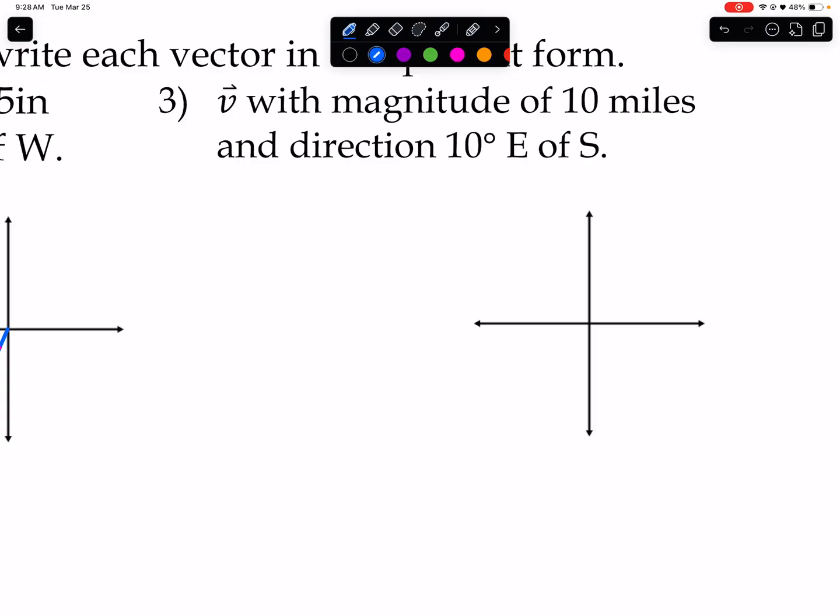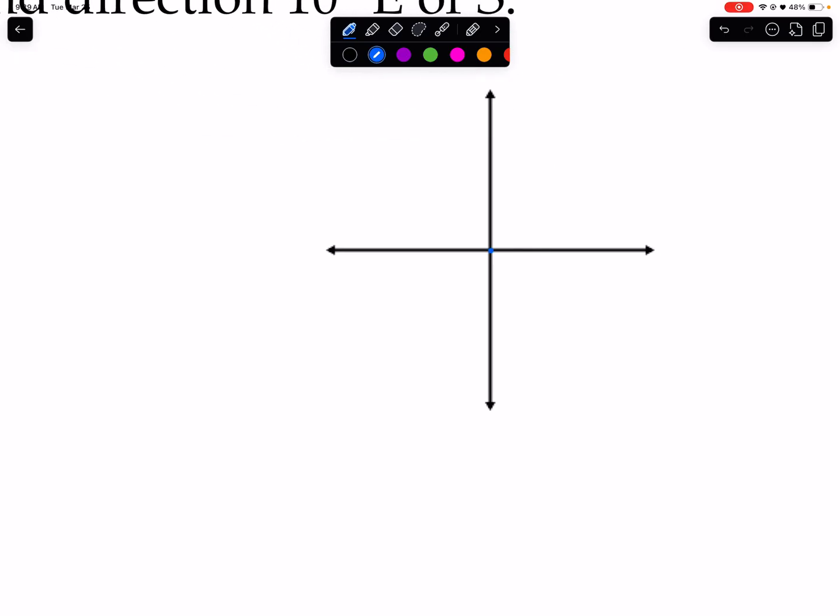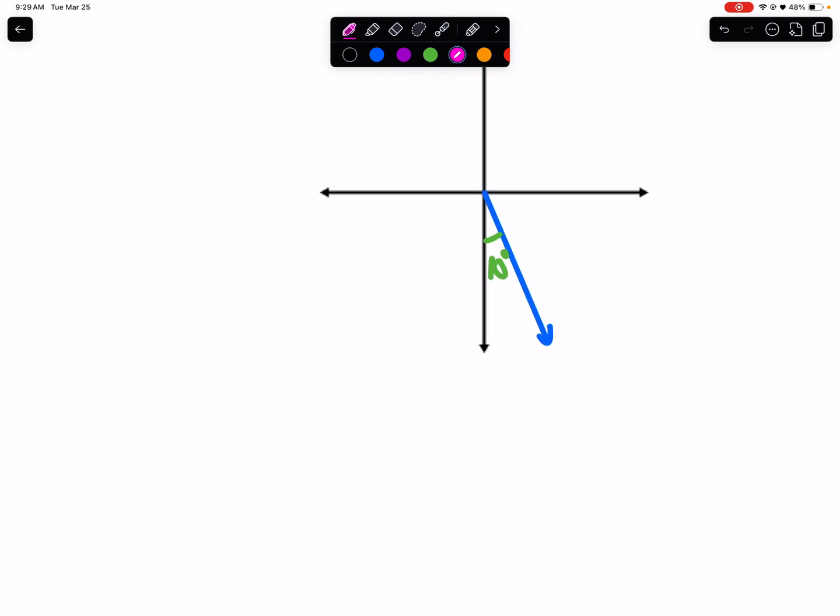All right, so with vector v, magnitude of 10 miles and a direction of 10 degrees east of south. I want just 10 degrees east of south, so it's going to be a teeny tiny space. So this would just be 10 degrees, with a magnitude of 10 miles.